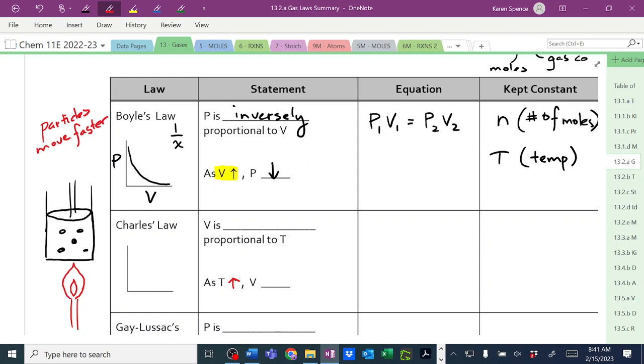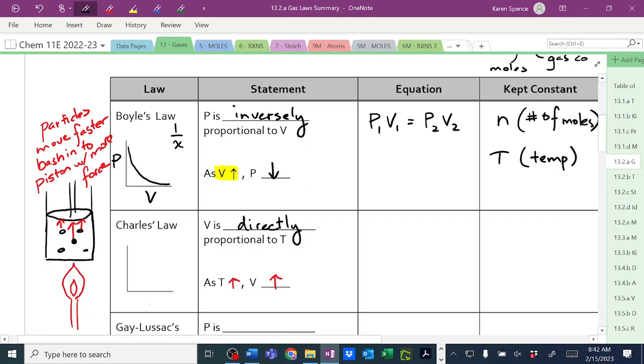They're going to bash into the piston with more force. And so they're basically going to be pushing upward on that piston, and the volume will expand. So volume is going to increase as temperature increases, and volume is therefore inversely or directly proportional to temperature? Directly.